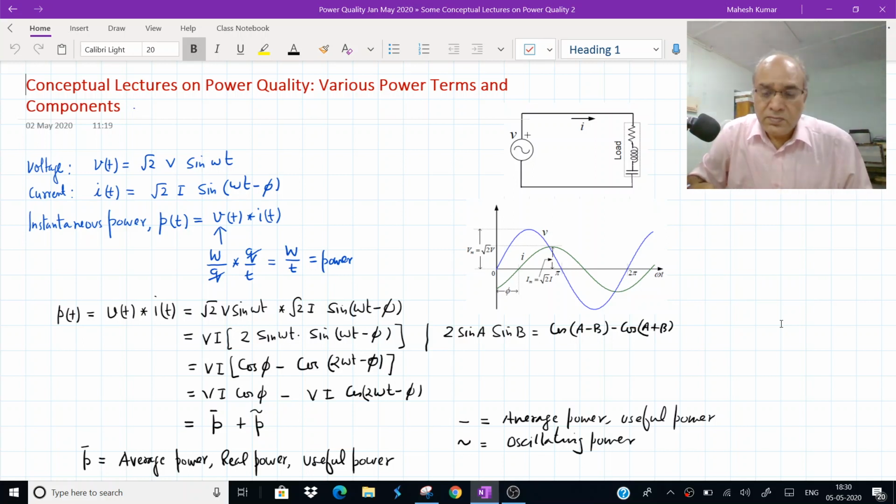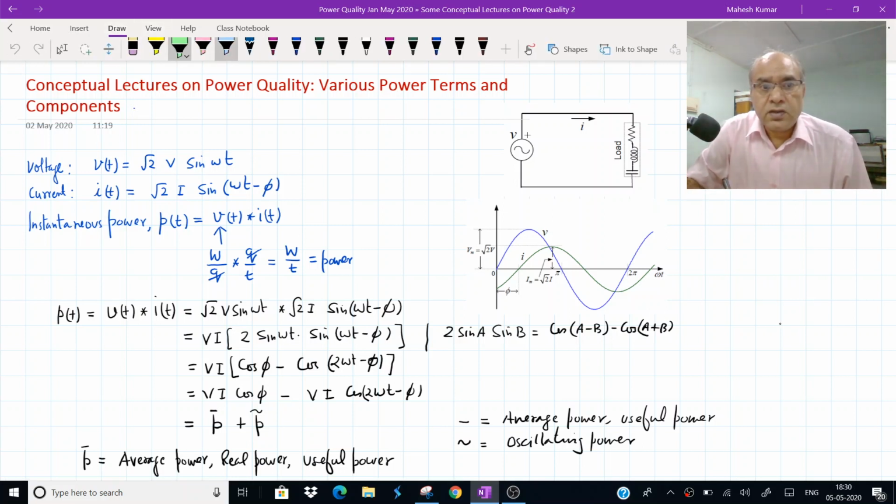Now to start, we will consider a single phase system as shown in this figure. You can see it here. This is single phase system, and this is having the load which is a combination of RLC.